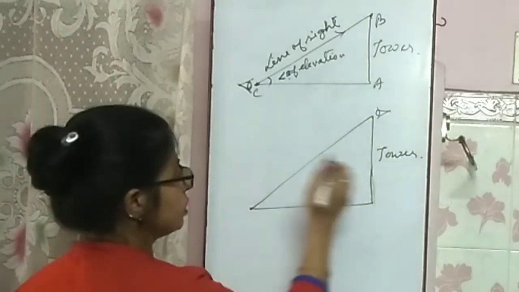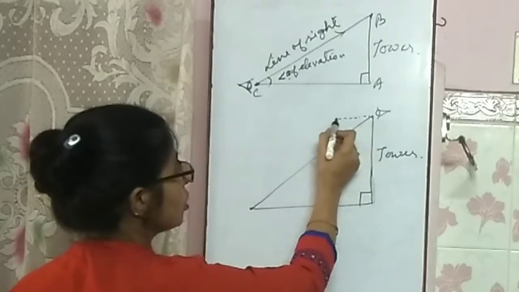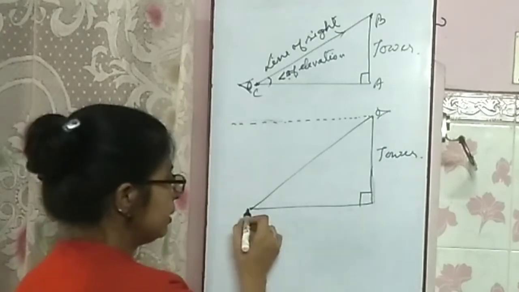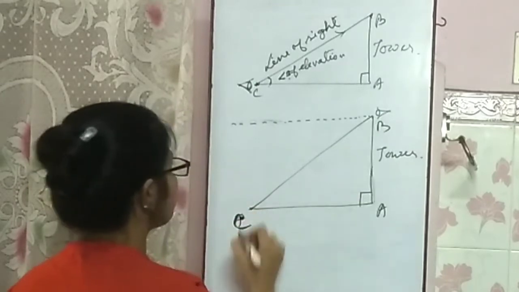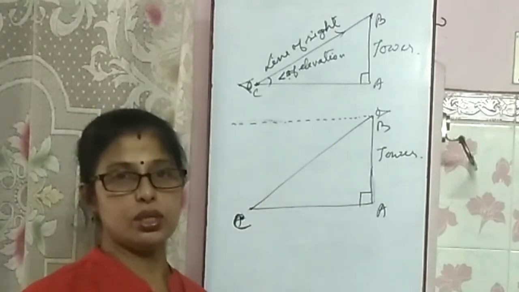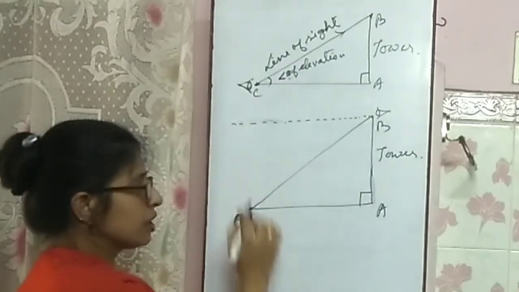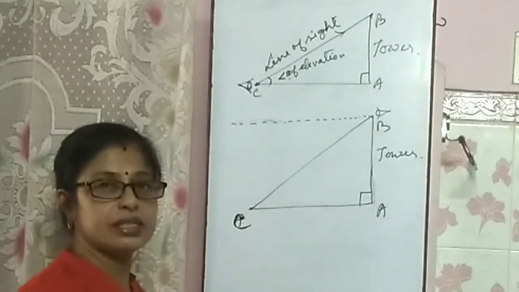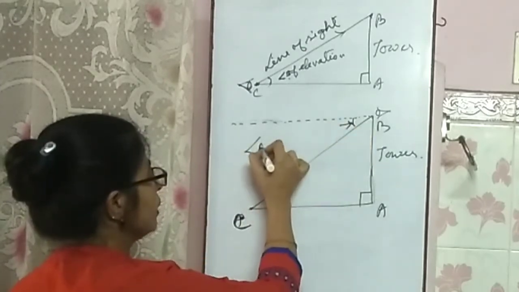For getting the angle of depression, always these angles are 90 degrees. We need to make one imaginary line which is parallel to the horizontal. This time if I take this A, B, and this is C, then always at the position of the eyes, we need to make a horizontal line. So this imaginary line is drawn, which is parallel to the horizontal line. Then this angle will be called the angle of depression.